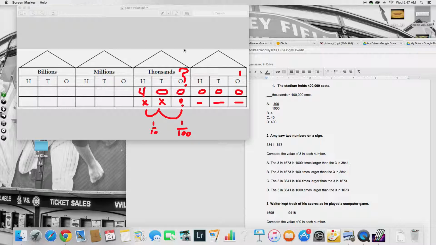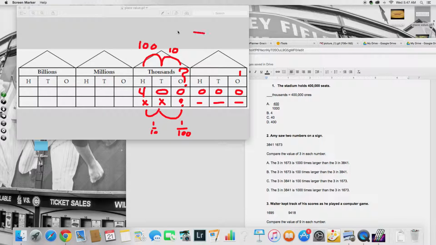But the main way we've worked on it so far is how much larger it is. So from the ones, this 4 would be 10 times larger, and it would be 100 times larger than the ones.